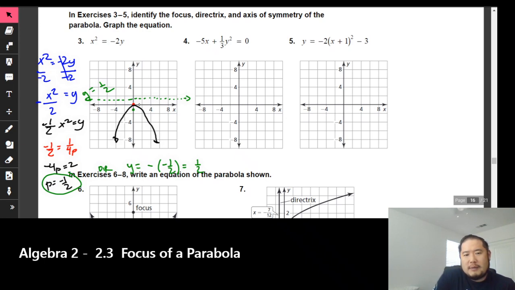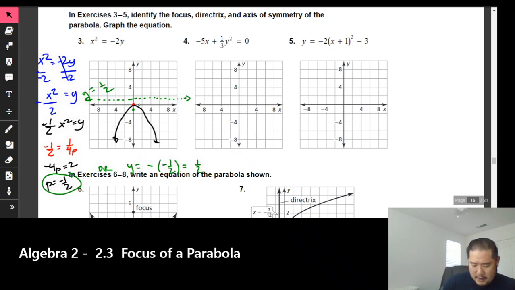Let's go next and take a look at number 4. There's a little bit of work to be done here. If I want to figure out the focus or anything, we have to make sure we take our equation and set it equal to either x or y.